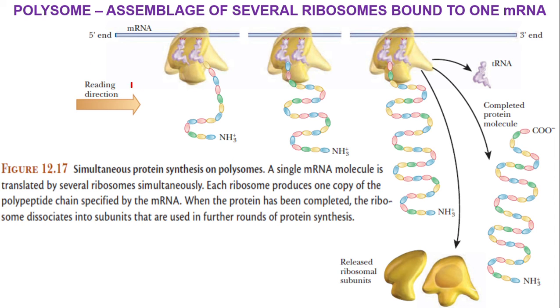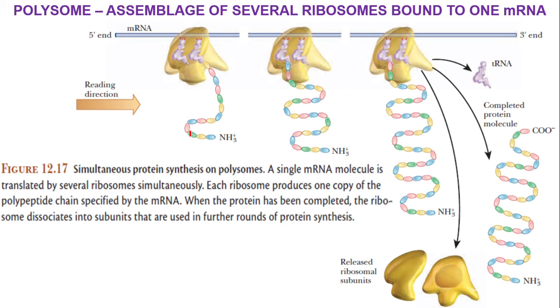So at any given time, many ribosomes are carrying out the process of protein synthesis from a single molecule of messenger RNA. In an electron microscopy picture, it looks like so many beads attached on a string. This structure is called polyribosome or polysome.